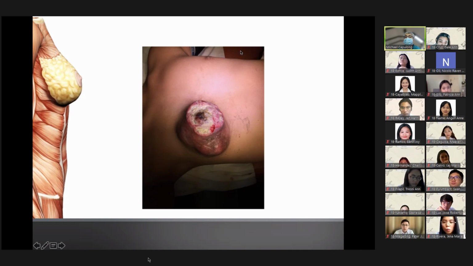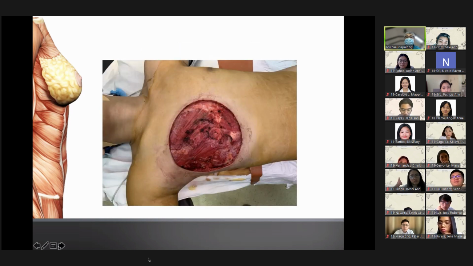So this is a 20-year-old male, with this mass in his breast. Okay. So removing the entire thing, you're gonna see the outline of your pectoralis major muscle plus part of the pectoralis major muscle removed or shaved because this was involved in the tumor also.